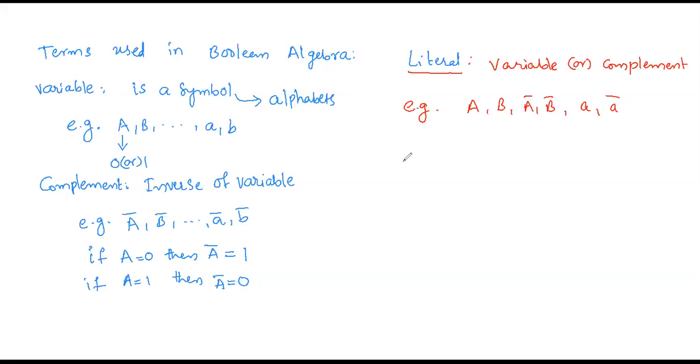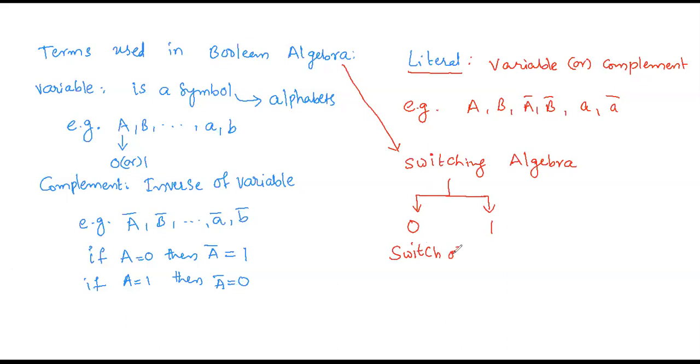Next, Boolean algebra is also called switching algebra. The reason is Boolean algebra works on only two values, zeros and ones. 0 we consider as switch off, 1 we consider as switch on.